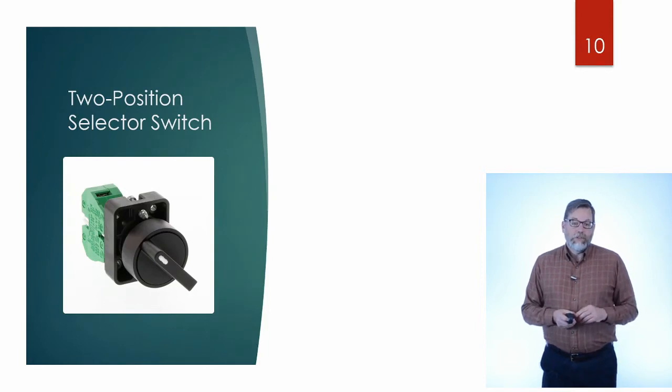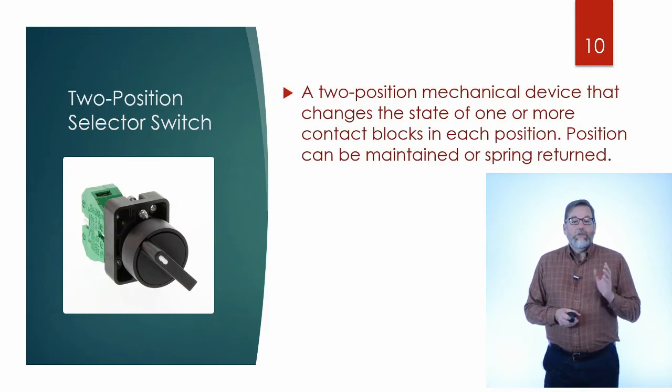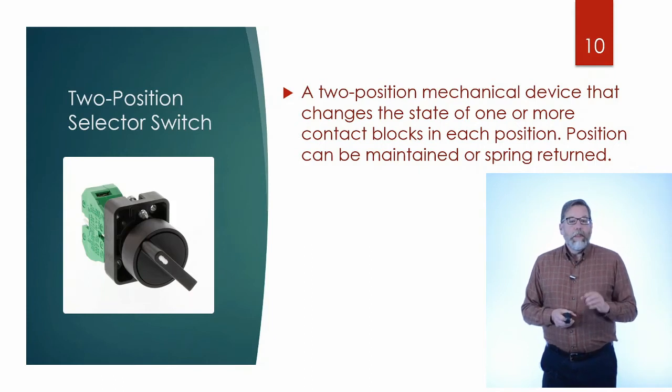Now we're going to look at some selector switches. The first one we're going to look at is a 2-position selector switch. This one is a 2-position mechanical device that changes the state of one or more contact blocks in each position. The position can be maintained or spring returned. We're going to look at maintained versus spring returned here in a moment.